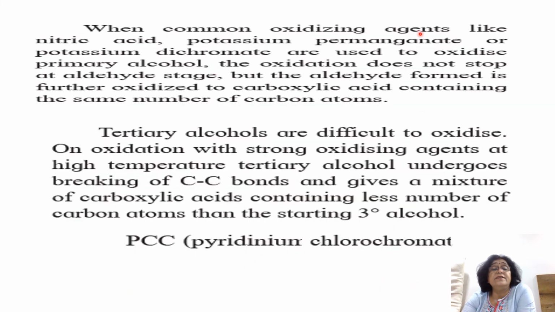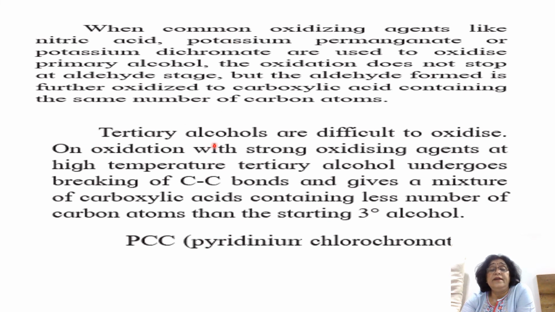So when common oxidizing agents like nitric acid, potassium permanganate, or potassium dichromate are used to oxidize primary alcohol, the oxidation does not stop at the aldehyde stage; the aldehyde formed further gets oxidized to carboxylic acid containing the same number of carbon atoms. Okay, but if you are oxidizing a secondary alcohol under similar conditions, you get a carboxylic acid having 1 carbon atom less than the original alcohol.